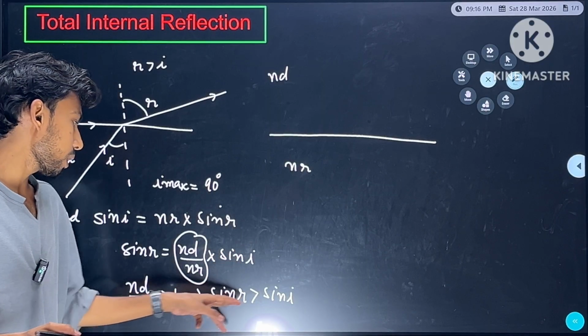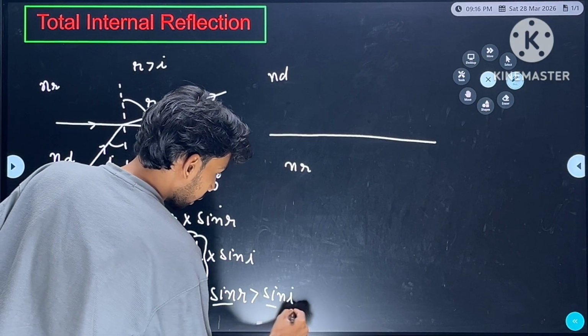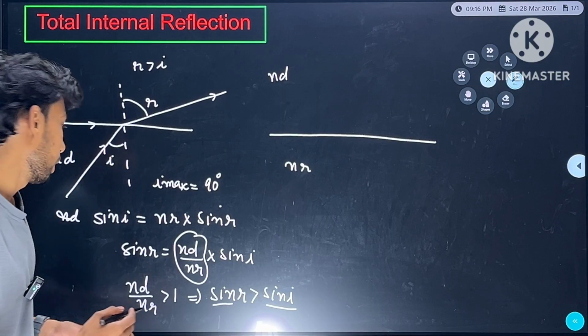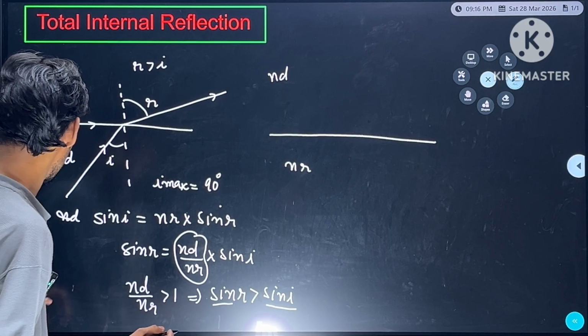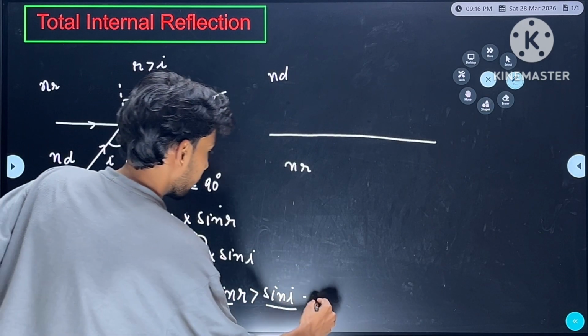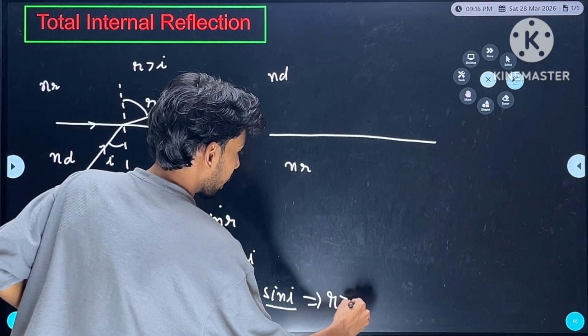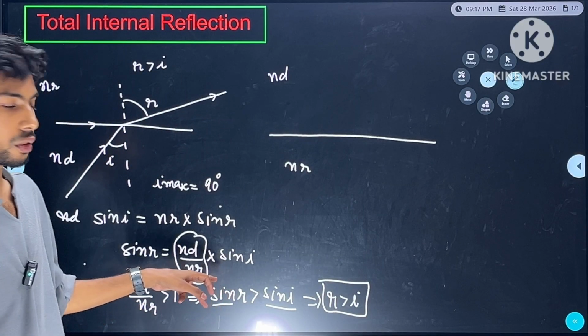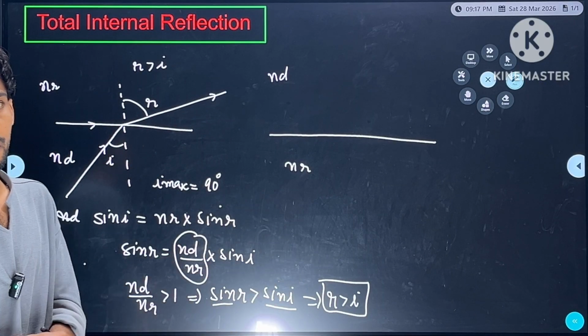So since sine is an increasing function in acute angle like 0 to 90°, this R will also be greater than I, because sine is an increasing function. So if sine R is greater than sine I, R will also be greater than I.